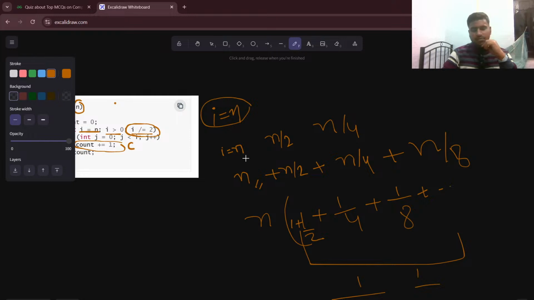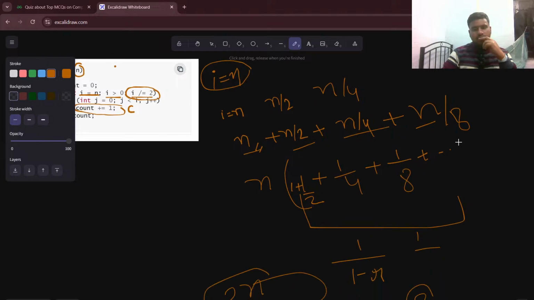Then we have the internal loop that runs for n times, n by 2, then n by 4, n by 8. Yeah, that is 1 by n.